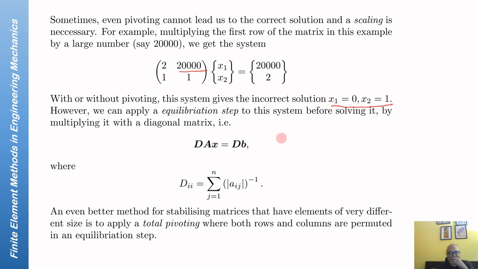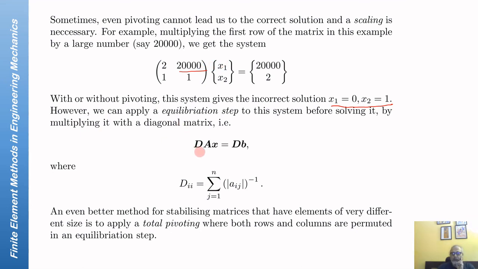So sometimes it is necessary to do something called a scaling of the matrix in order to get a stabilized solution. It is also possible to solve this problem by total pivoting, where you pivot rows as well as columns, but as I said, that's kind of cumbersome and it's very rarely done.